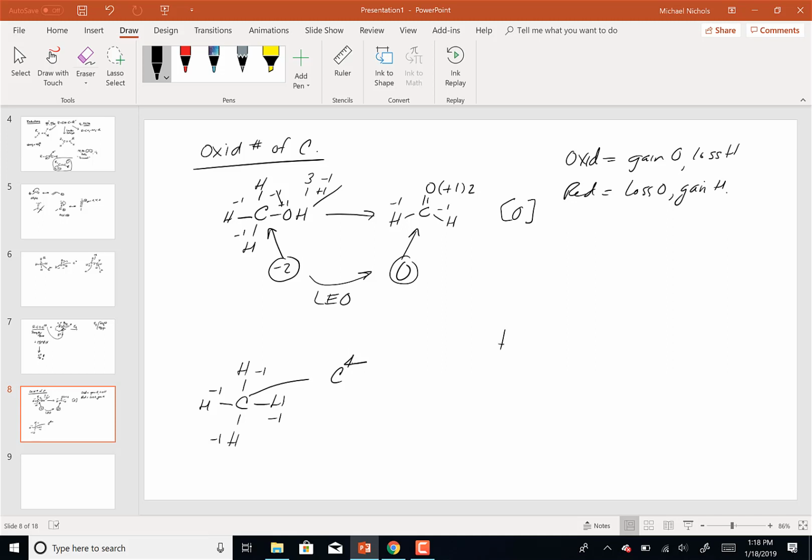So if we said something like this, here we have what is called a nitrile.